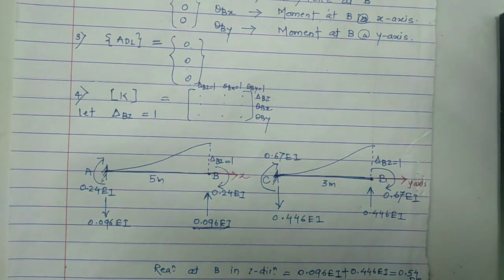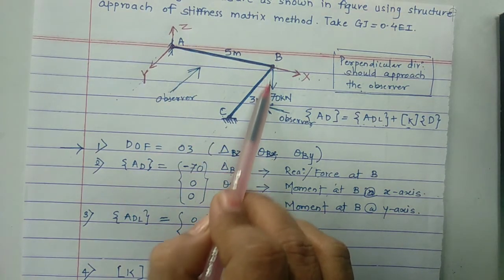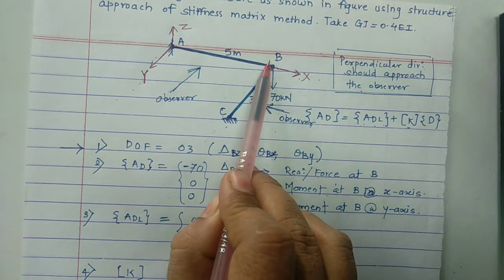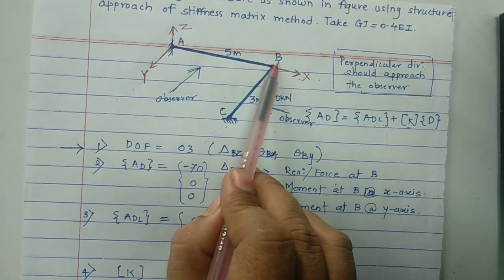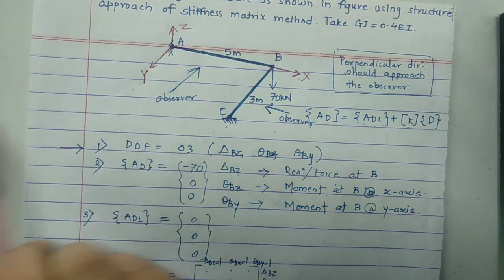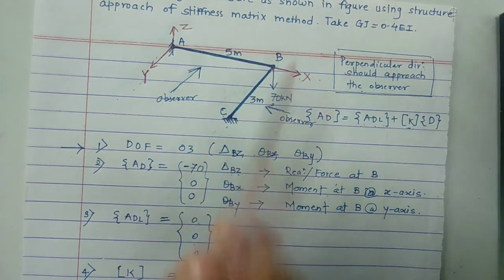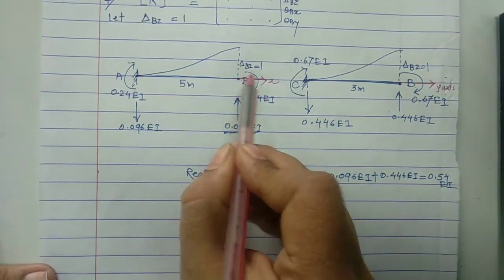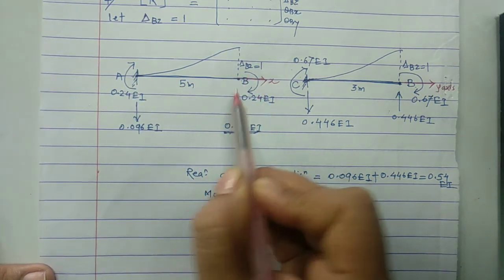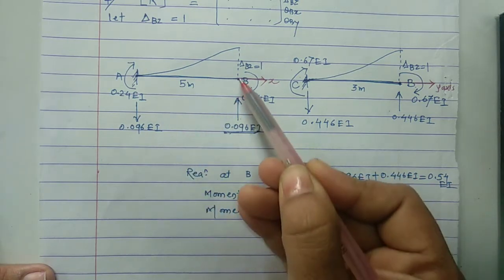Okay, so here this member AB is along x axis. So because of bending rotation, whatever moments are caused here, these moments are about y axis, about this third axis. When a member is along x axis, these moments are rotating about this vertical axis, that is this third axis, which is in this direction.